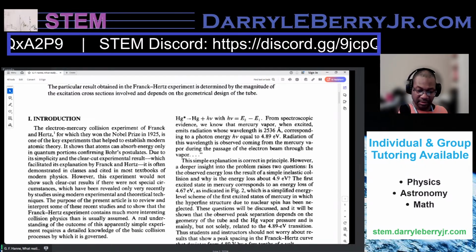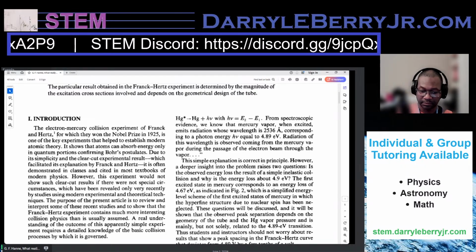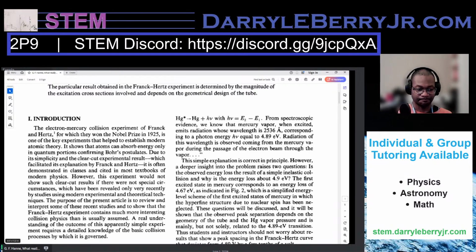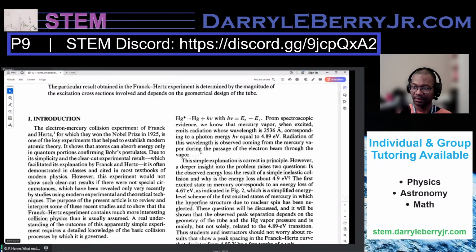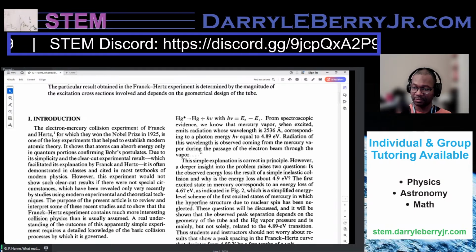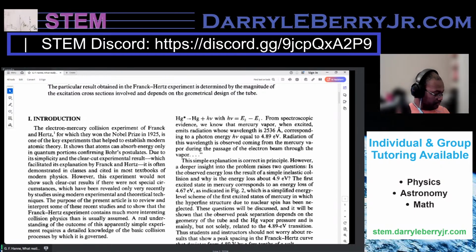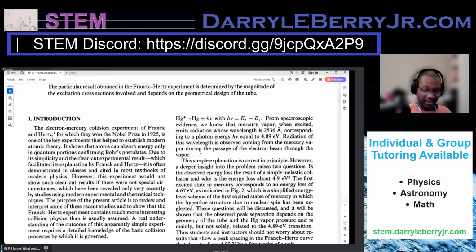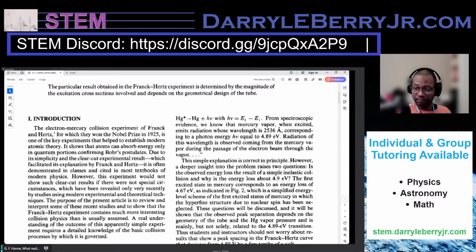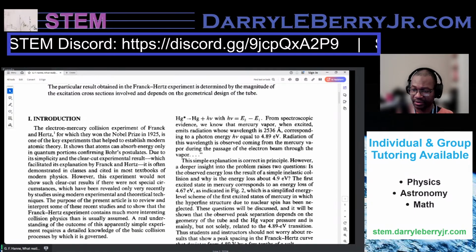And why don't I take a look? There are a lot of charts that show what wavelength goes to what part of the EM spectrum. So let's check this out.